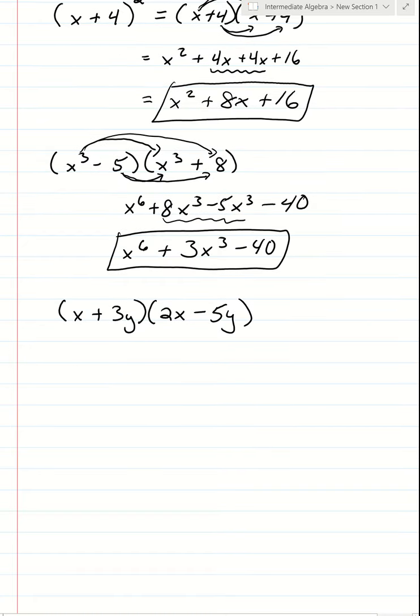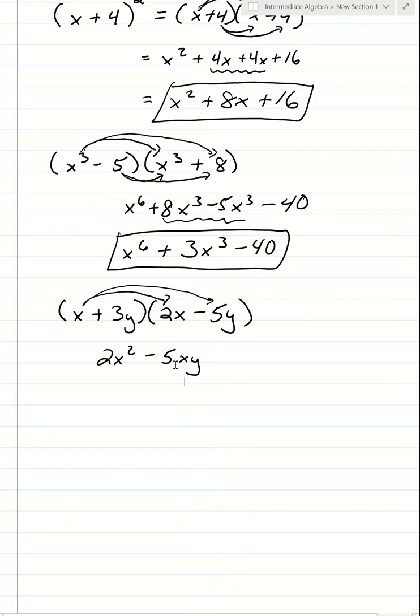The process is the same, okay? How we approach the problem doesn't change. And then I'm going to multiply x times 2x. That would give you a 2x squared. I have to multiply the x with the negative 5y, and that would give you a negative 5xy.